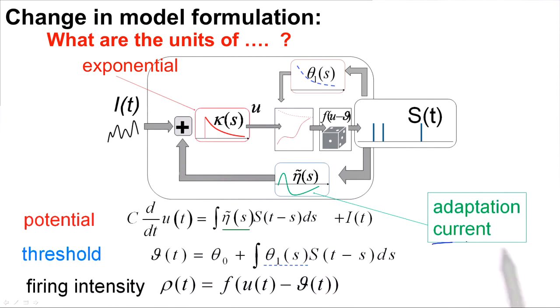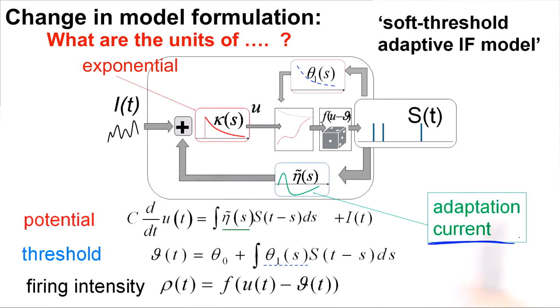It's really an adaptation current. Now this formulation with the differential equation can be called a soft threshold because I have this escape rate function, adaptive because I have theta 1 and eta, integrating fire. It's integrating fire because I have this differential equation model.